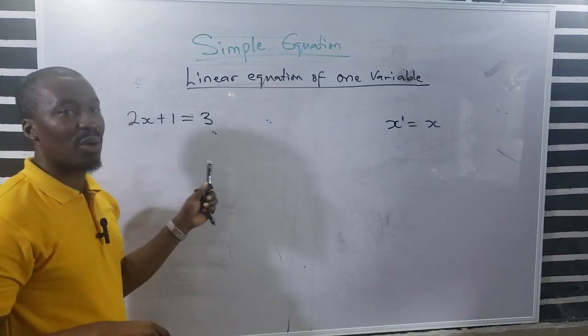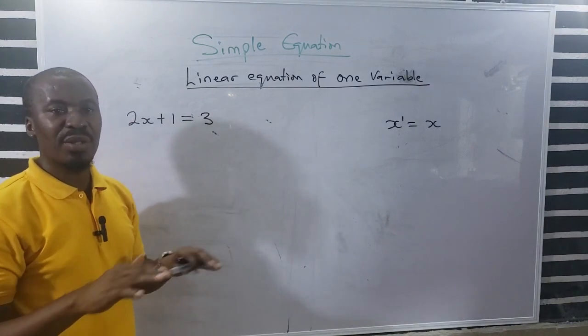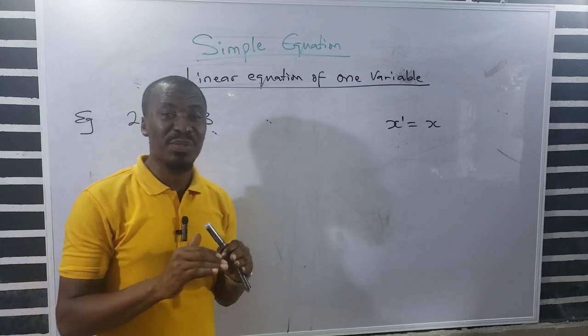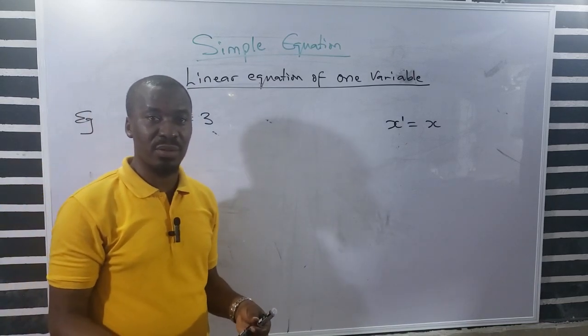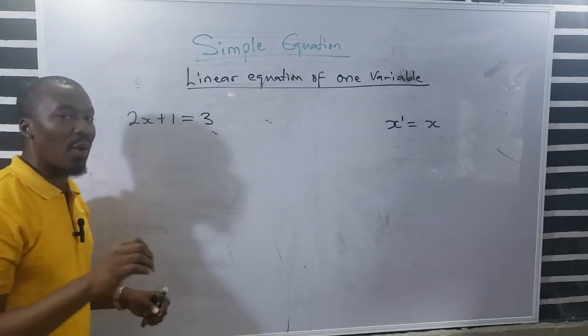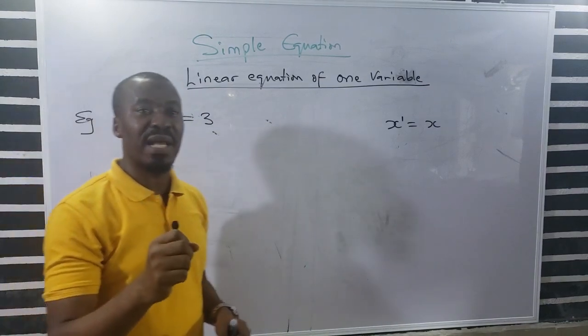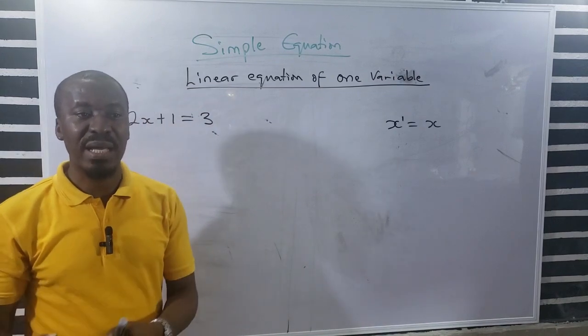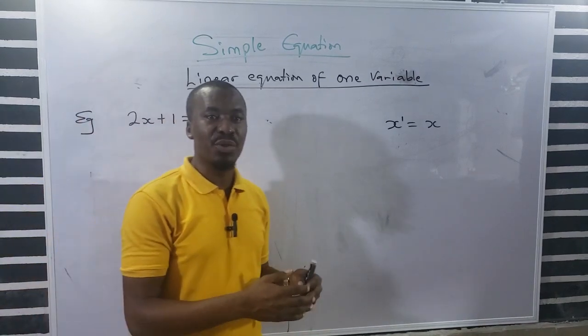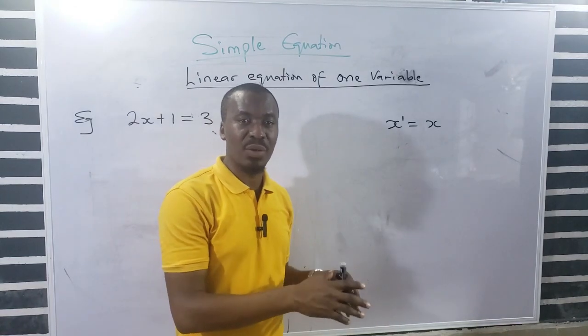So how do we solve a linear equation? The simplest method of solving a linear equation is by collection of like terms, okay? And what is collection of like terms? Collection of like terms is taking everything that looks alike on one side of the equation, while leaving the other things on the other side of the equation.